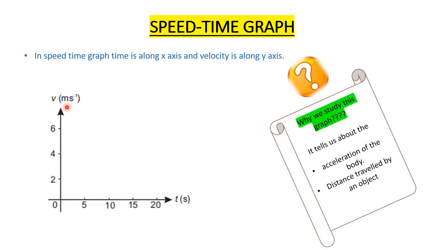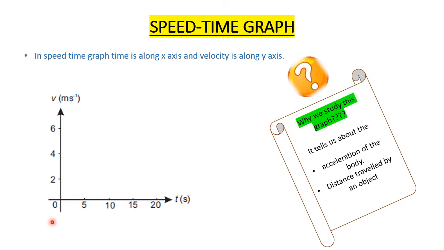Basically, the speed time graph tells us about the acceleration of a body. How can we find out the acceleration? As you know the formula, acceleration is the change in velocity divided by time, and since the velocity is given here and the time is also available, we can easily find out the acceleration of a body.